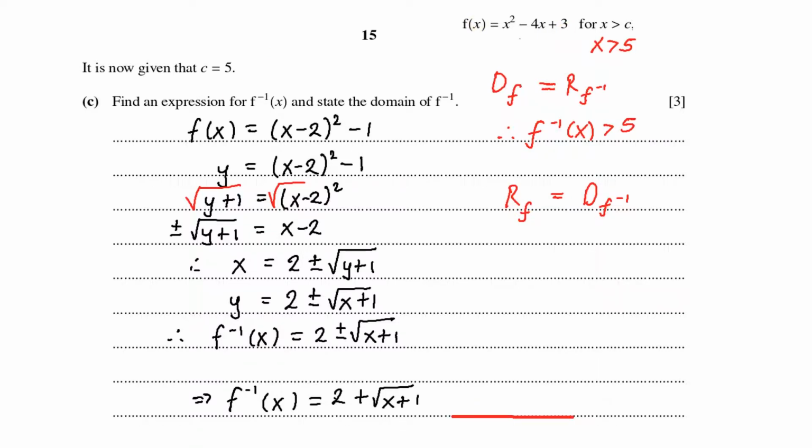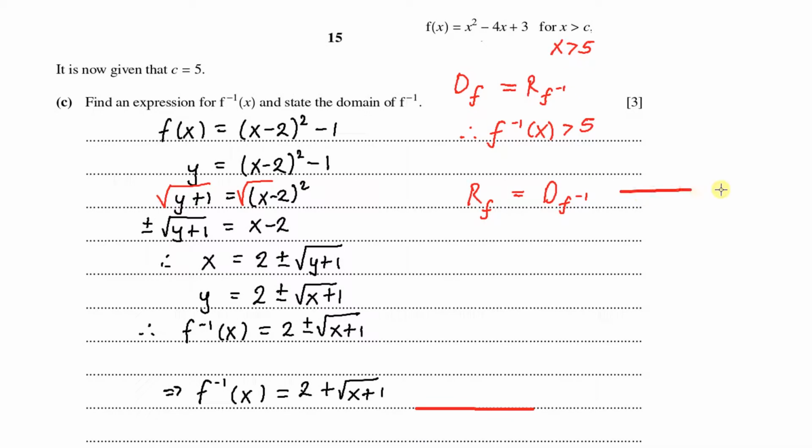Now we know for certain that the graph of the function f is a U-shaped parabola, and we have the minimum point at (2, -1). But now the domain is x is greater than 5, which means 5 can be a point somewhere around here. So because of this domain restriction, the other part of the graph is no longer defined. So the graph is only defined when x is greater than 5.